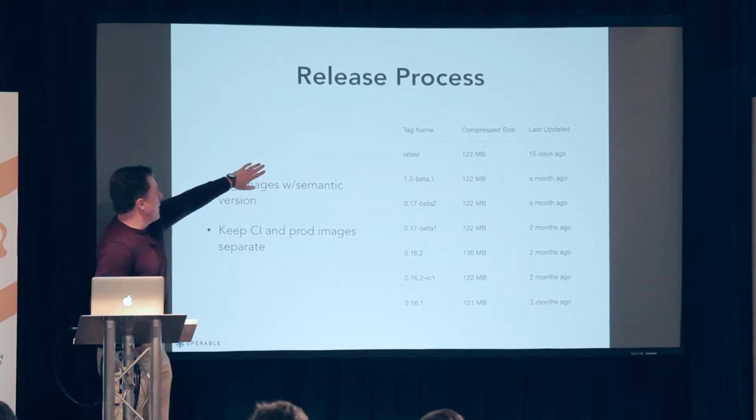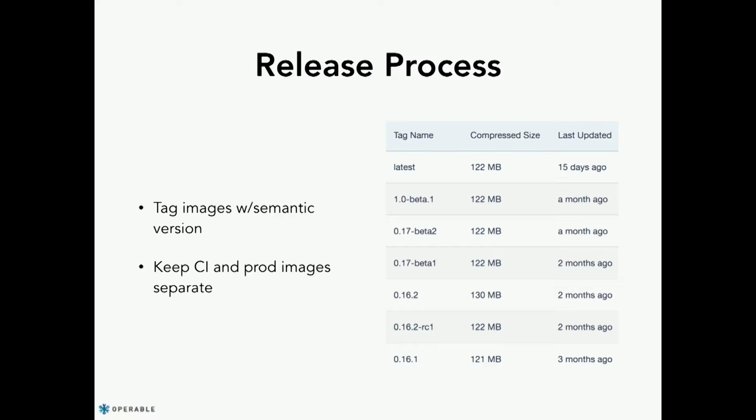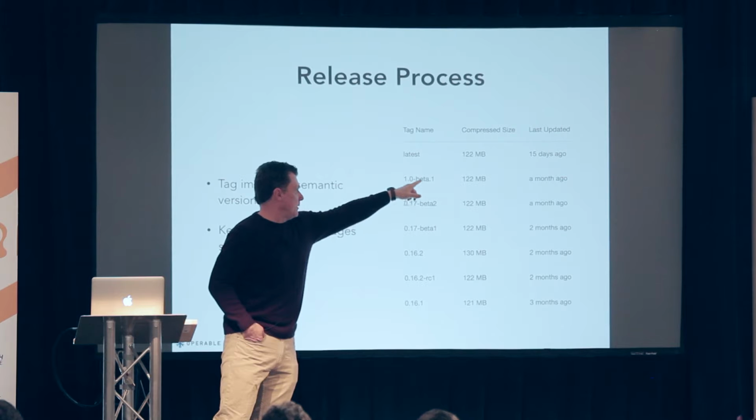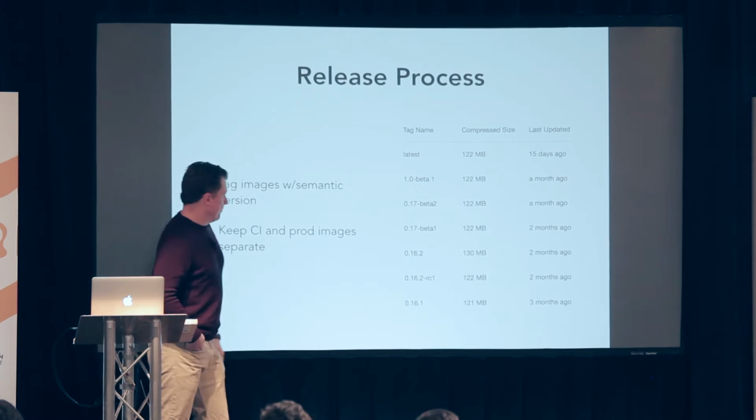Finally, on the right here is a snapshot of our Docker Hub repo I took yesterday. This is the primary way our users consume our releases right now. We tag all of our images with a semantic version, so you can see 0.16.1, RC1, 2, beta 1, beta 2, 1.0 beta 1.